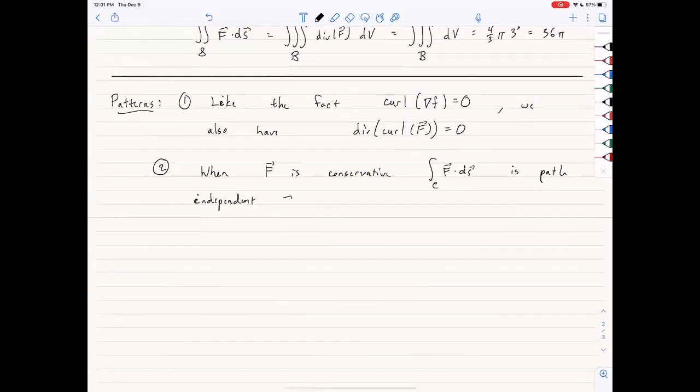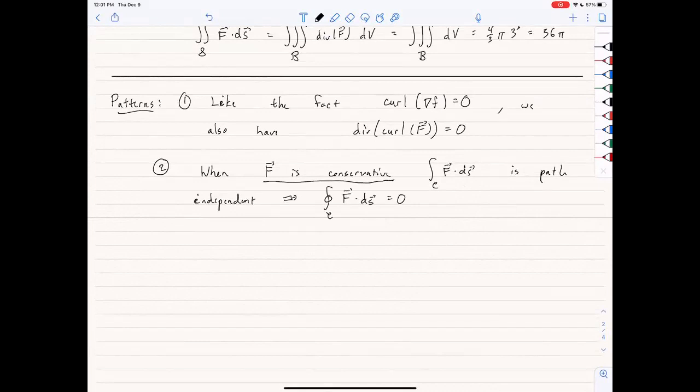And in particular, one thing that implied was that if we had a closed curve and we took this again, when F is conservative, this closed line integral was 0.